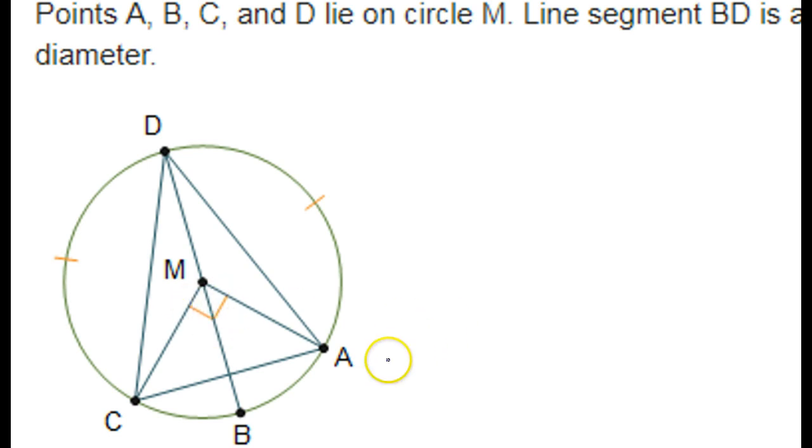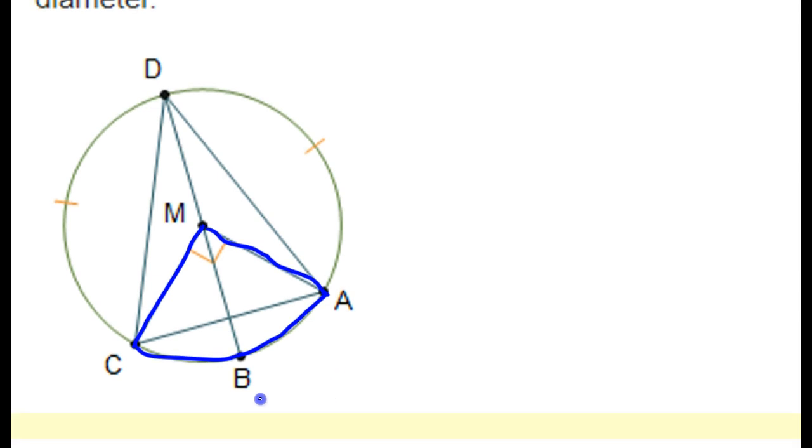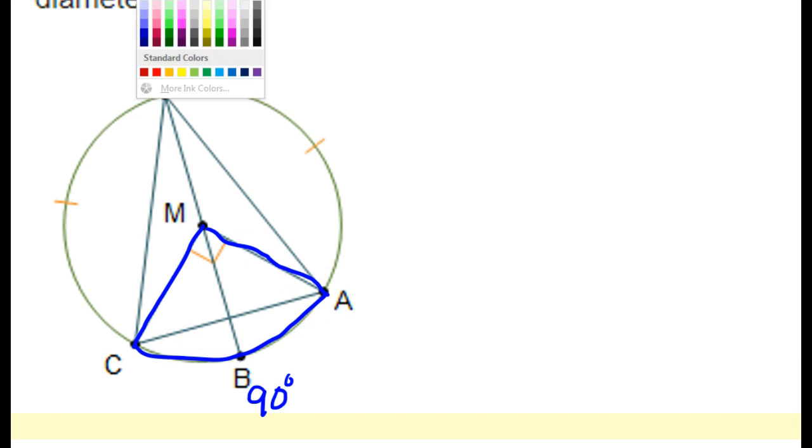This is a central angle, so this angle has this intercepted arc. Because this is a central angle, that means this intercepted arc is 90 degrees. So this entire blue arc is 90 degrees.